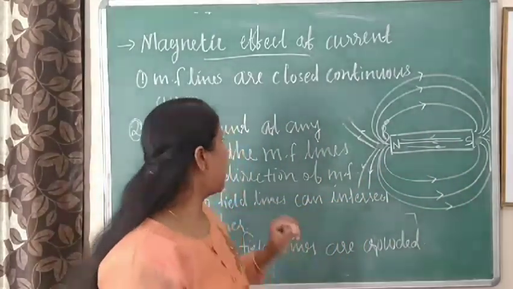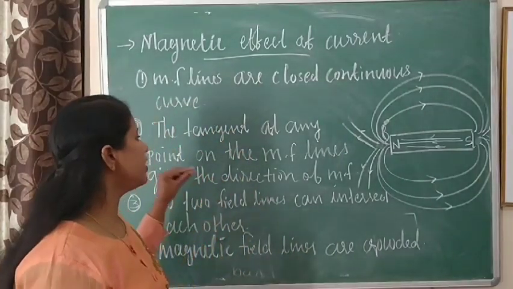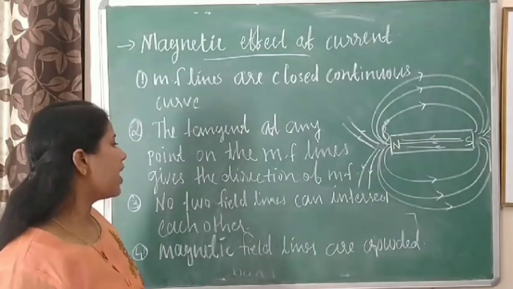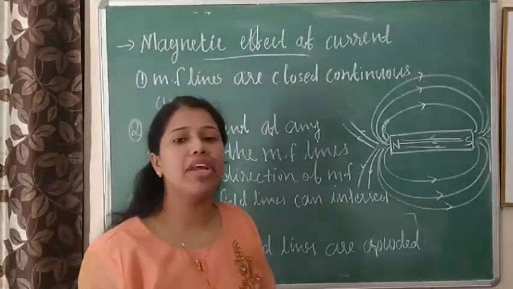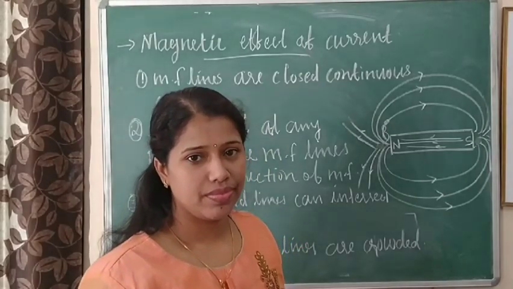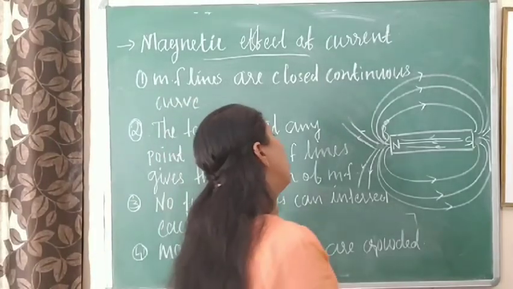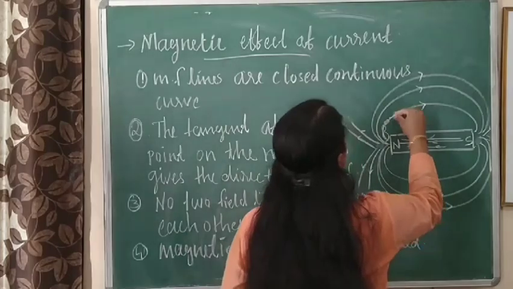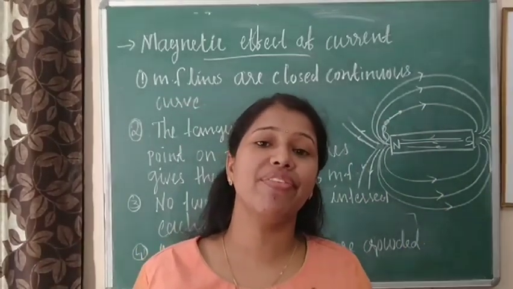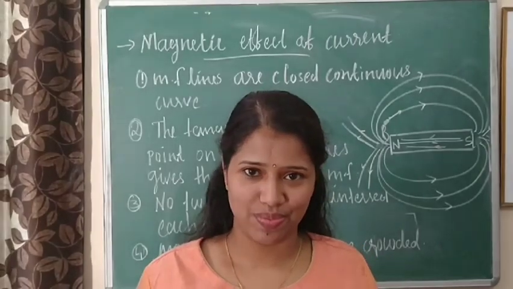Second property is, the tangent at any point on the magnetic field line gives the direction of the magnetic field at that point.